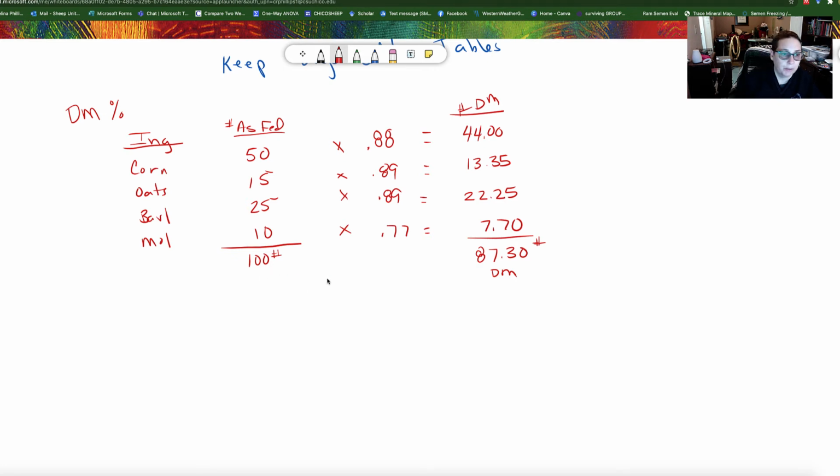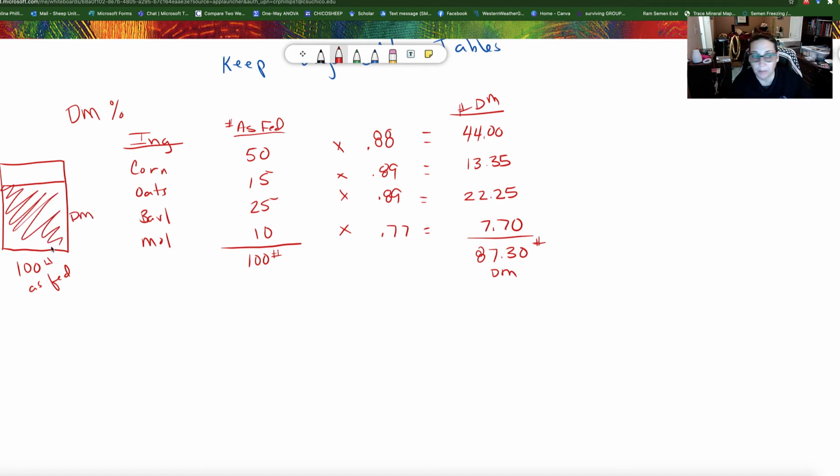And so if we were to draw an example, just to do a visual representation, if this is that 100 pounds of as-fed of that mix, then we would know that 87% of it is dry matter. And the remaining percent would be water. And so that just helps us visualize what our nutrients are truly in.